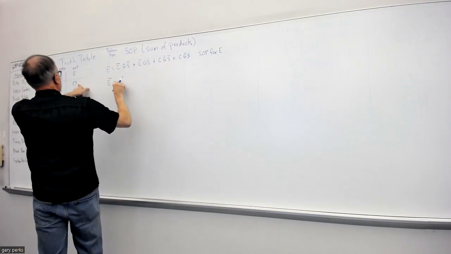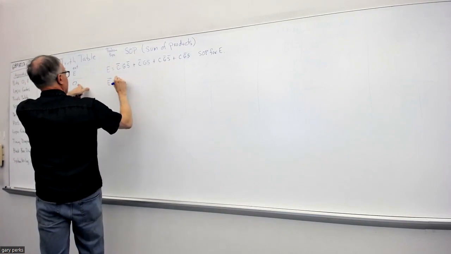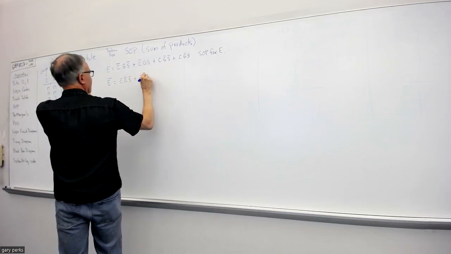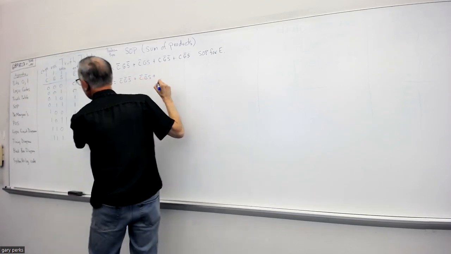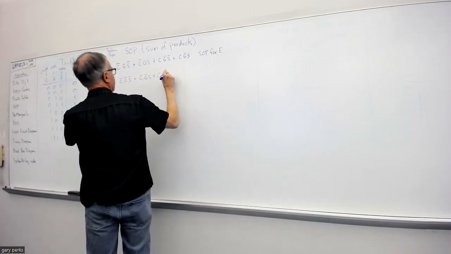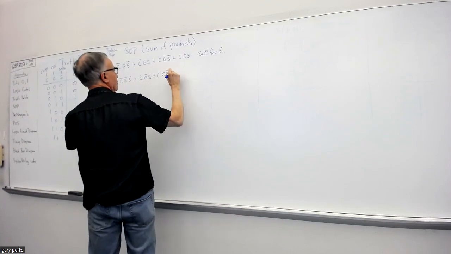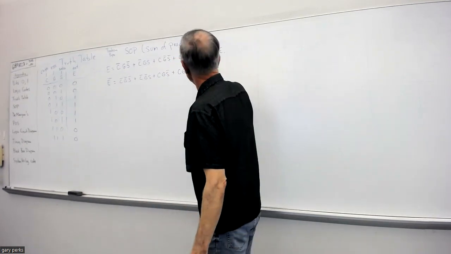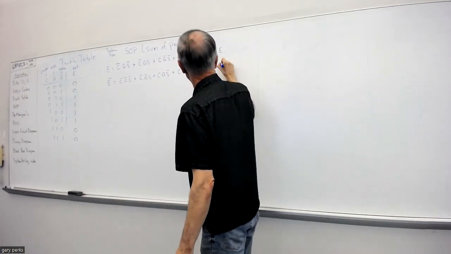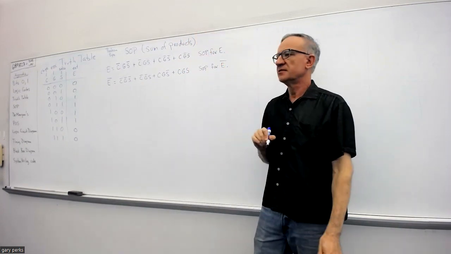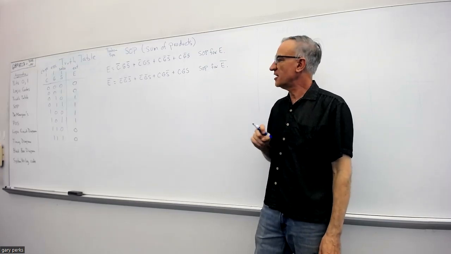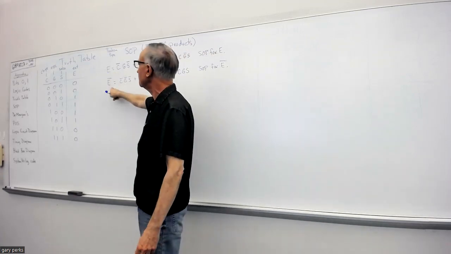So one of the terms for not E would be not C, not G, not S, or not C, G, S, or C, G, not S, or C, G, S. See, this is SOP for not E. Sum of products for not E. Any questions on how I got that? See, it's coming right from the truth table, right? This comes from the ones, this comes from the zeros.